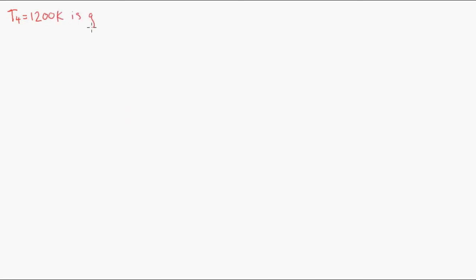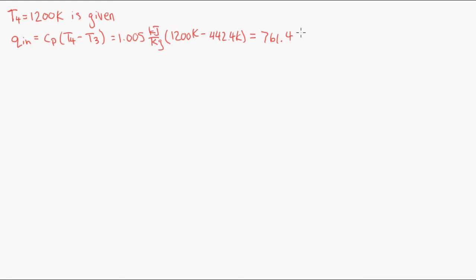Now we're given the state 4 temperature, so using T4 and T3 we can calculate Qin that comes from the combustion chamber. So Qin is about 761.4 kilojoules per kilogram.